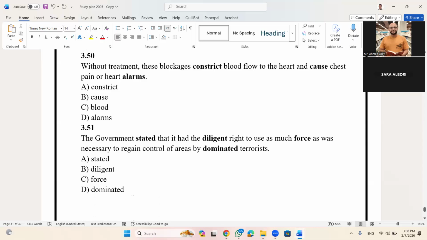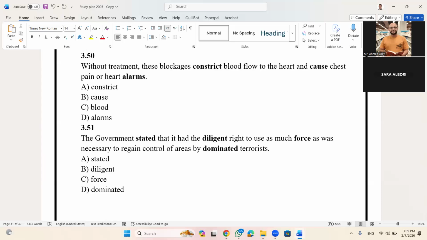Without treatment, these blockages can restrict blood flow to the heart and cause chest pain or heart alarms. So here I'm talking about the consequences and ramifications of blood blockages, which are clots. So these actually can cause chest pain.